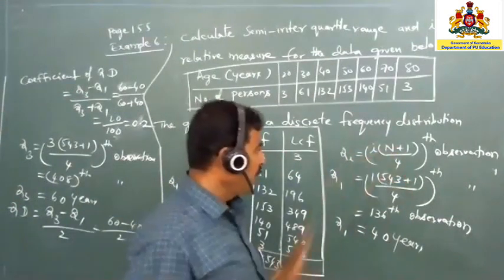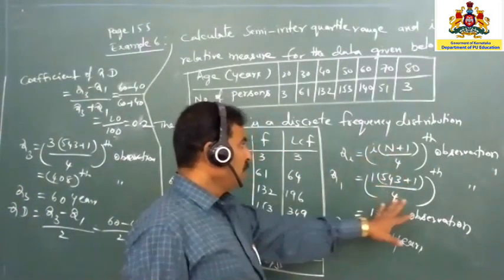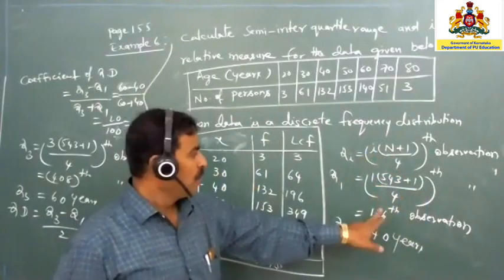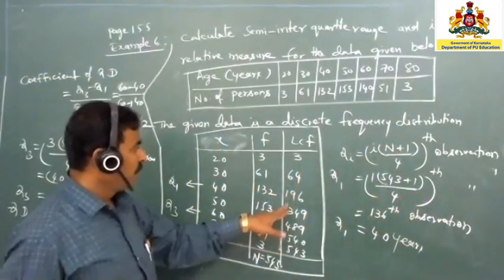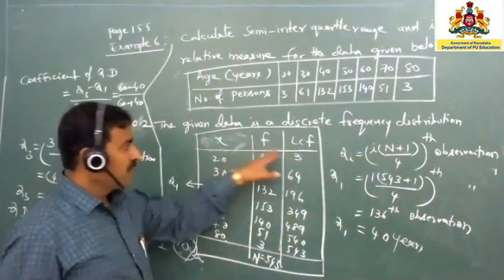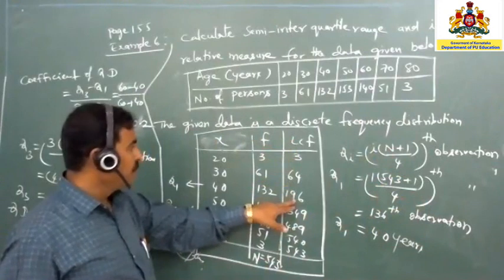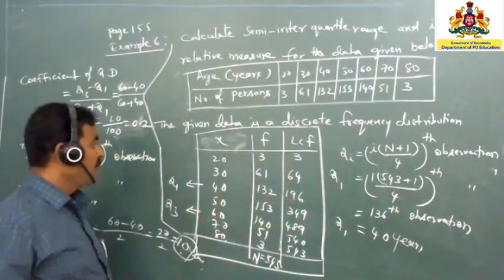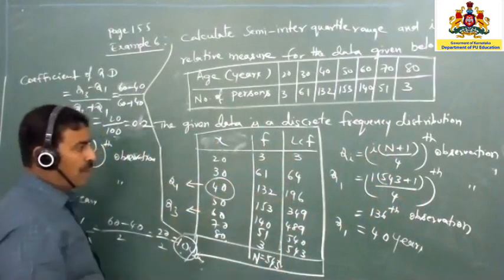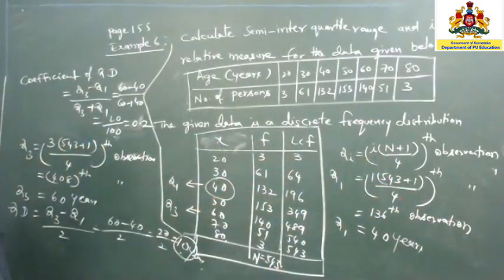In place of capital N, I substituted the value. By simplification you get the 136th observation. To identify it, see the LCF column. It lies in 196, corresponding value 40. So Q1 is 40 years.